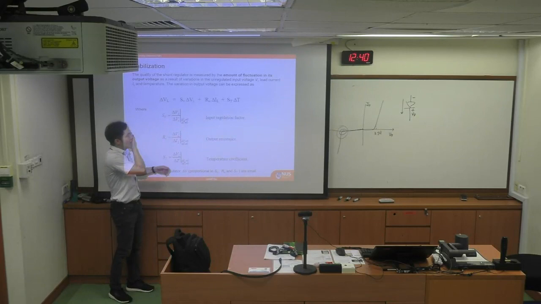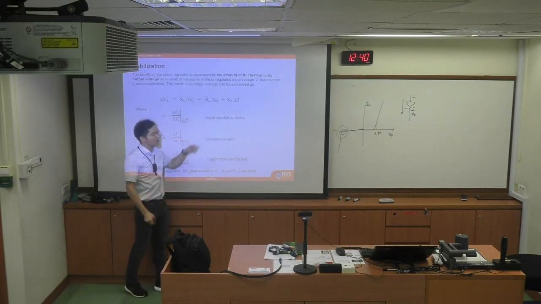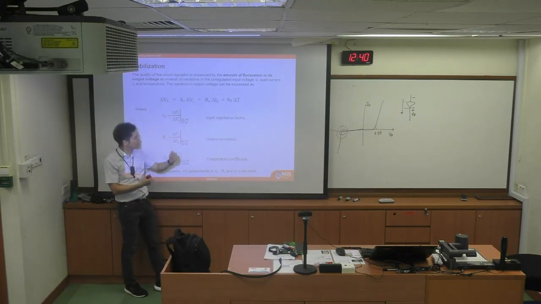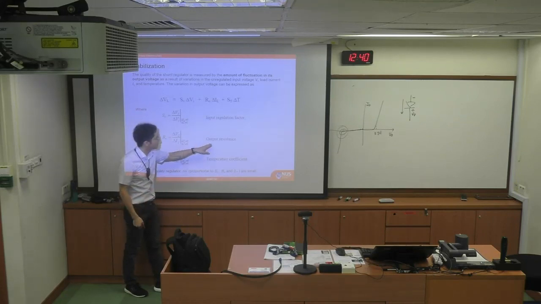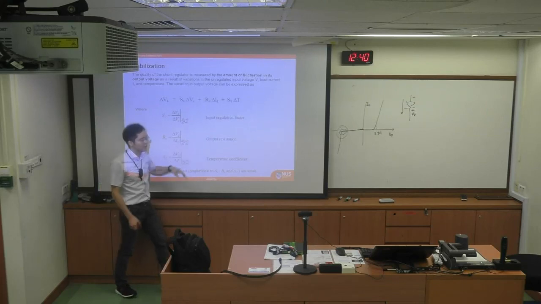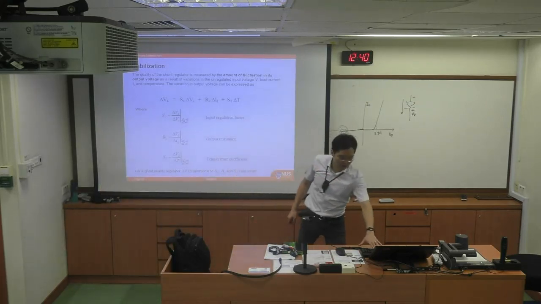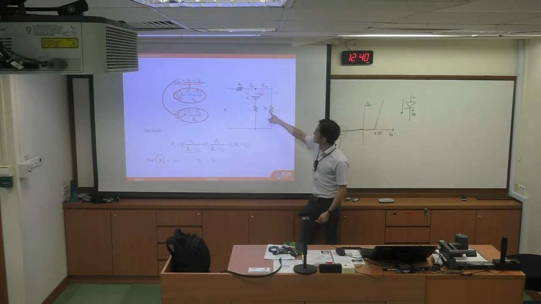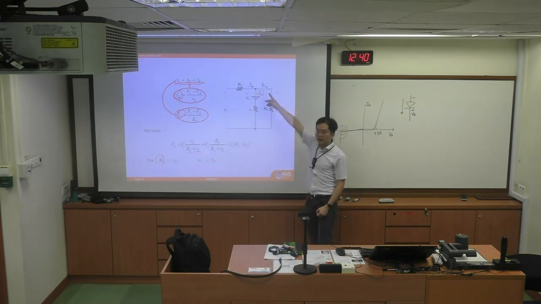Similarly, if you have a change in the output resistance, meaning that if you have a change in the load, you want to also take a look at how much it will be affecting the regulation factor. In other words, in the previous diagram, if you have a change in the load resistance, this always happens. Your load resistance may not be a stable value, and it may change, then it will fluctuate the IL.